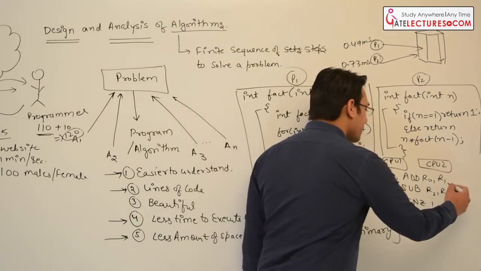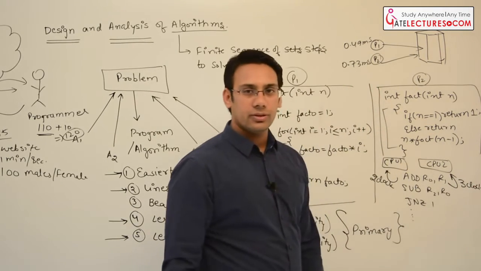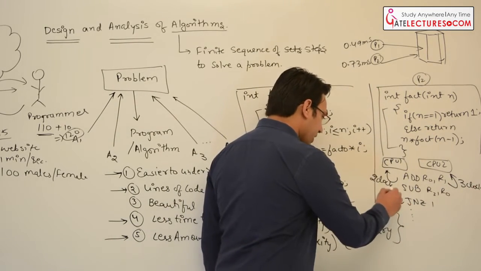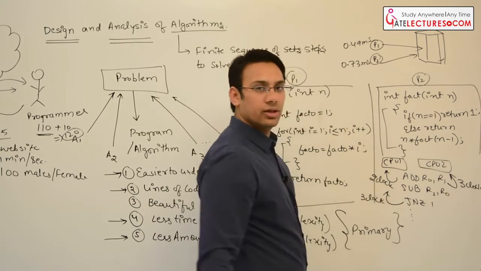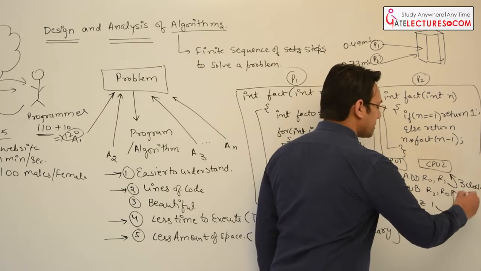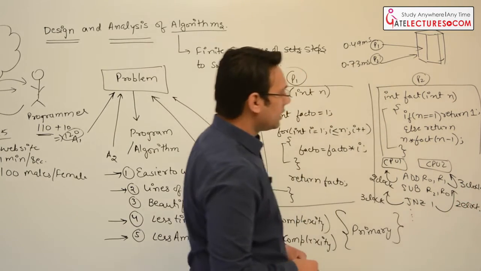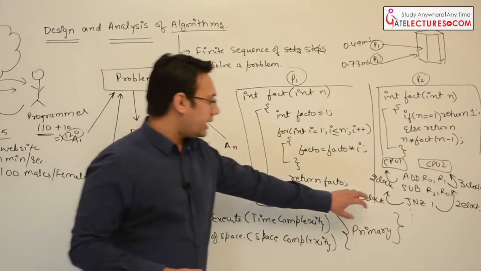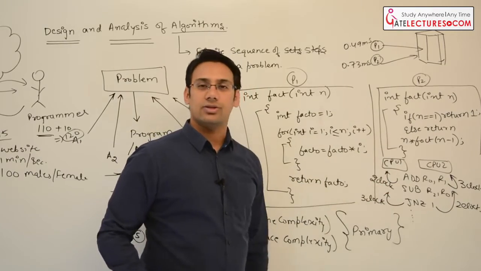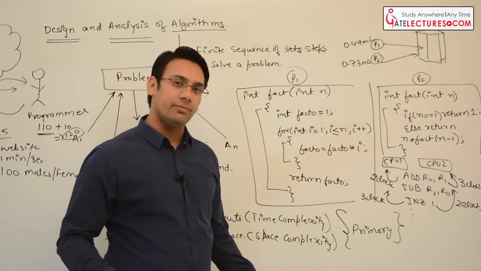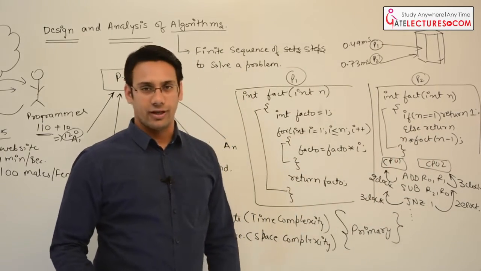This addition instruction may take 3 clock cycles on this machine to execute. This jump instruction may take 3 clock cycles on this machine, and this jump instruction may take, let us suppose, 2 or 1 clock cycle on this machine. I am not taking these values exactly; I am just assuming that these instructions take different clock cycles. In practice, they also take different clock cycles because of the CPU architectures, right?